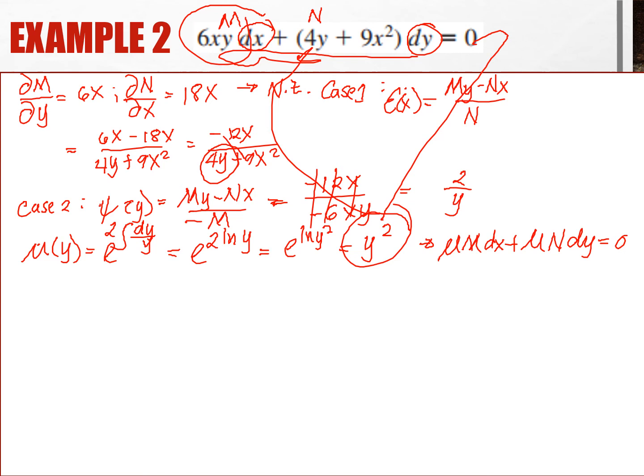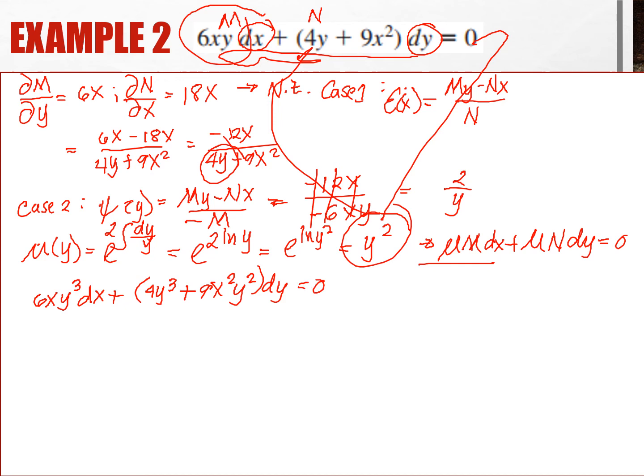So we have the mu M now becomes 6xy cubed dx plus 4y cubed plus 9x squared y squared dy equals 0.